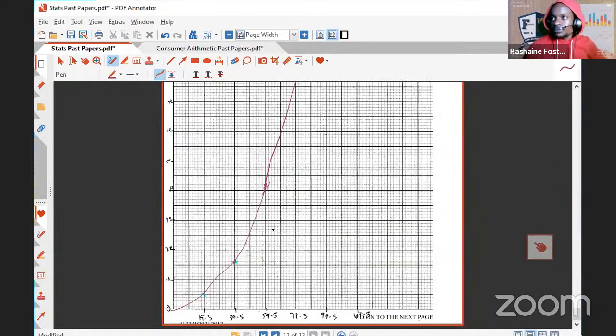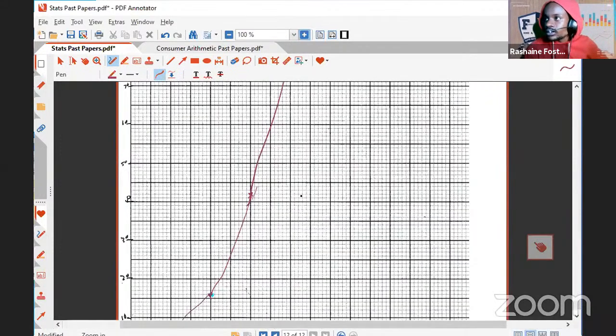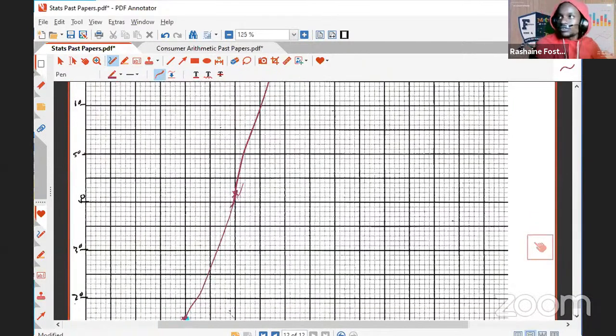Remember that your speed is on your X, so find your 45 on your Y. 45 is here, and using your ruler, you draw a straight line across to meet the curve.